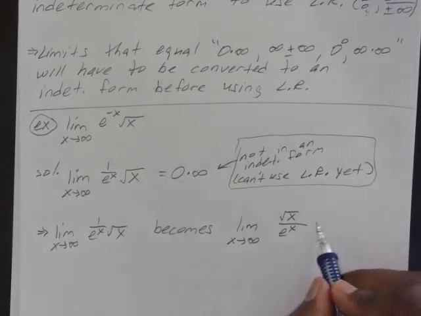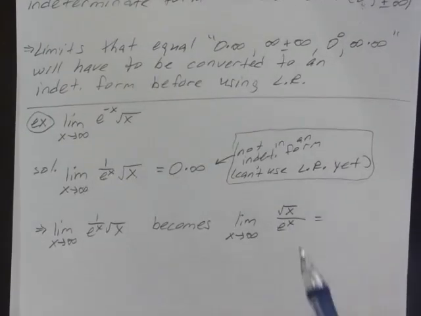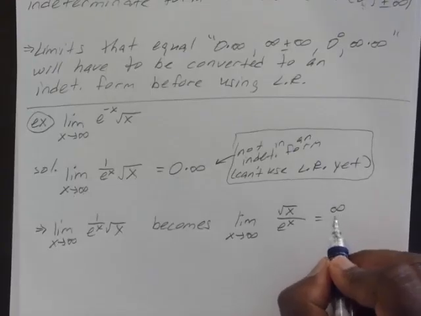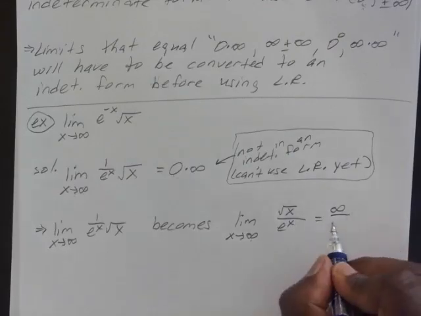Okay, so now if you take the limit of your numerator as x approaches infinity, that's just infinity. And e to the power of a number getting bigger and bigger just approaches infinity itself.